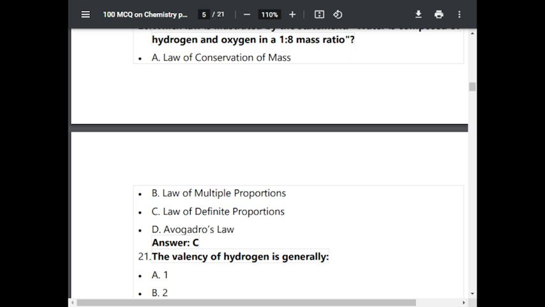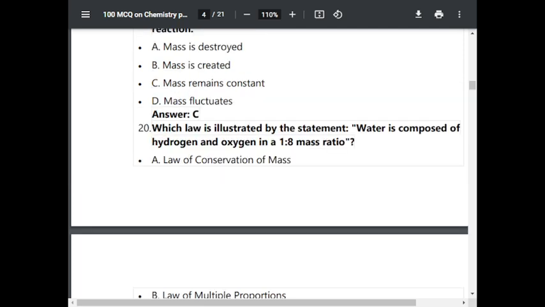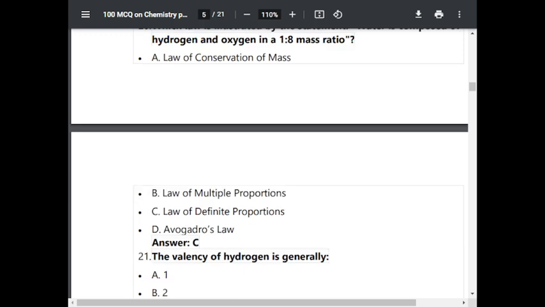The correct answer is C, law of definite proportion. So according to the statement, water is composed of hydrogen and oxygen in 1:8 mass ratio, so it is due to the law of definite proportion. The answer C is correct.